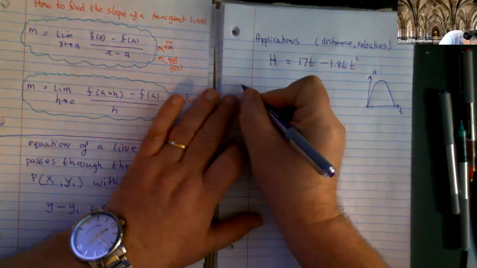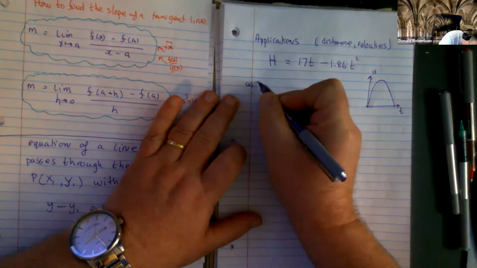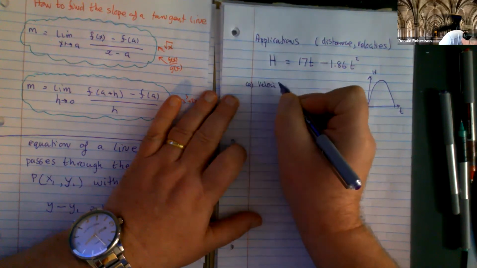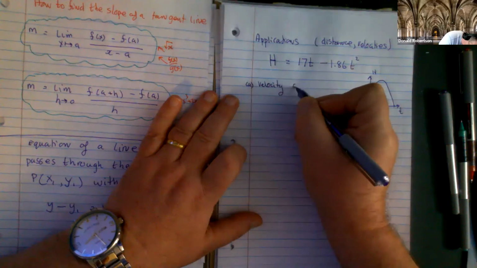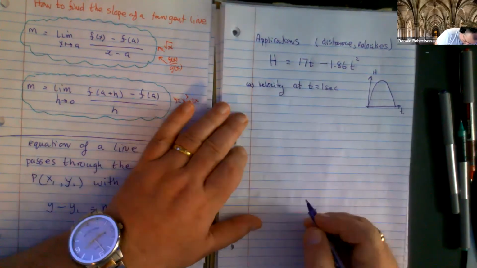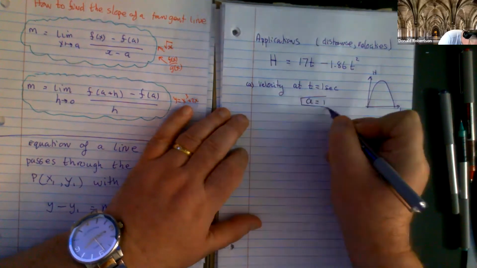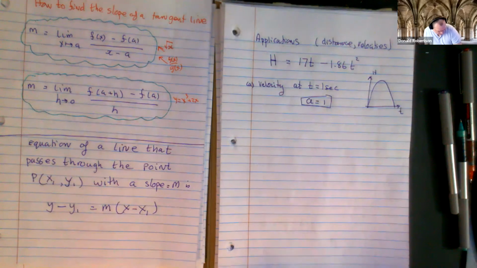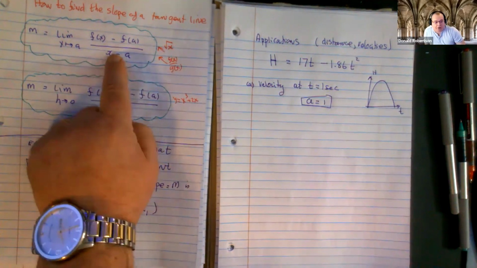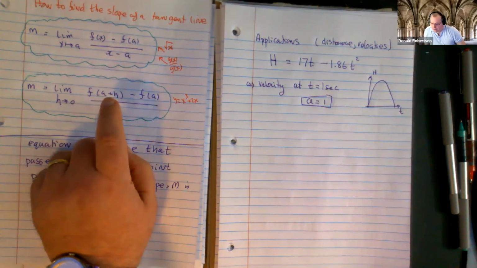So in the first question, we're going to find the velocity of this. It was a rock, I think, in the story. At t equals 1 second. So I want you to imagine that as them telling you that a equals 1. Now, I could use this formula, or I could use this formula, right?